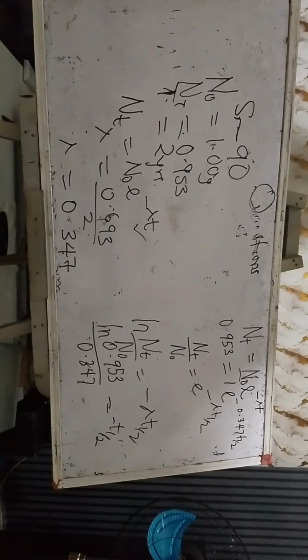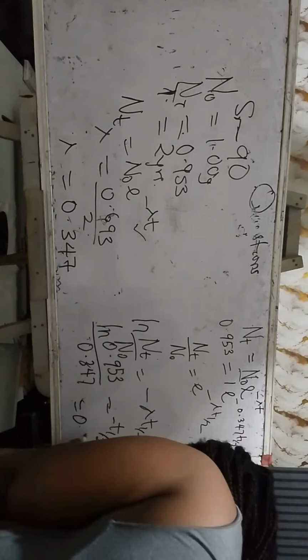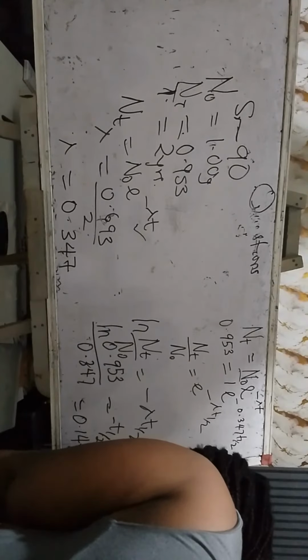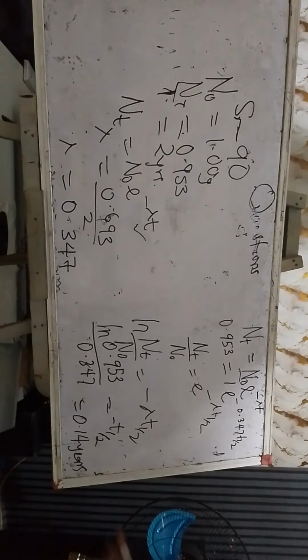So you will have it as 0.14. 0.14 is your half-life. 0.14 years. Ensure that you must put the unit to 0.14 years. So you can convert the years to seconds.